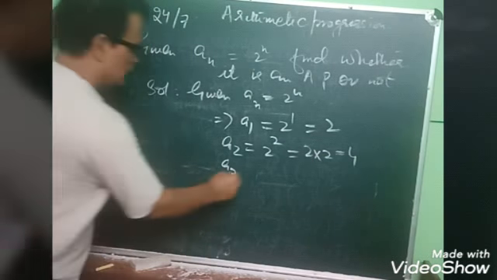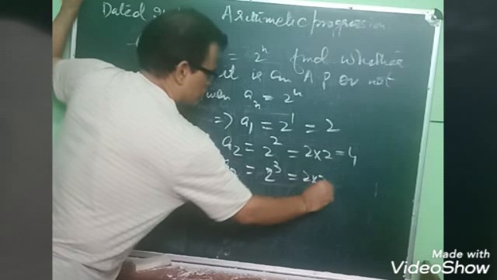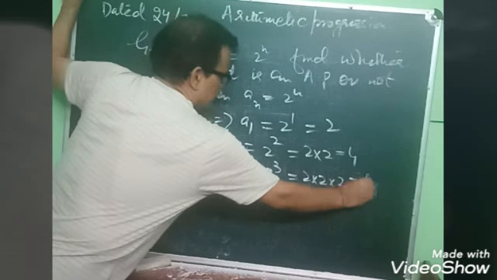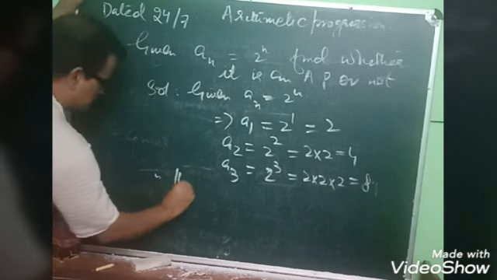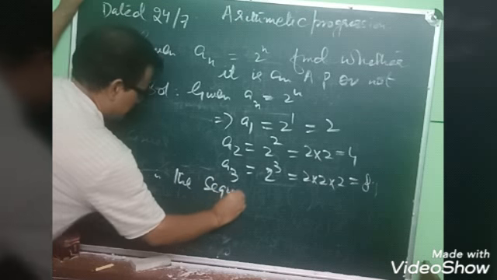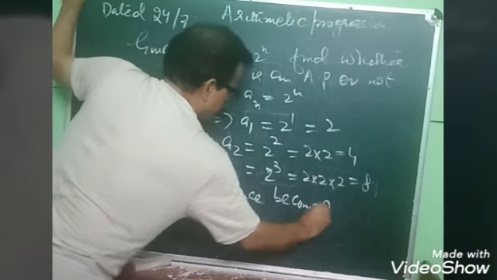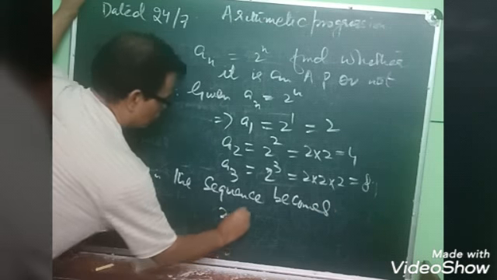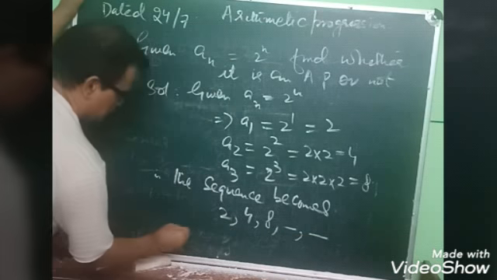A3, that is the third term, is 2 raised power 3, that is equal to 2 into 2 into 2, that is equal to 8. So therefore the sequence becomes 2 comma 4 comma 8 and so on.